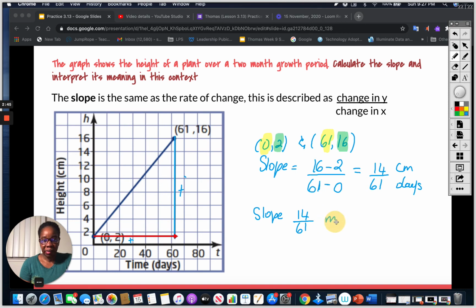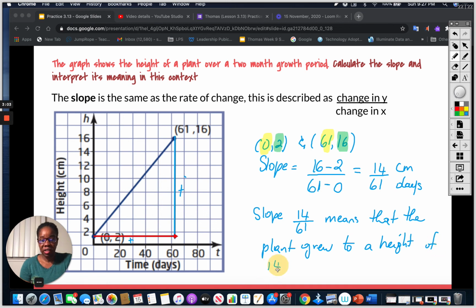And that means that the plant grew to a height of 14 centimeters over, spelled properly, Mrs. Thomas, over 61 days. That's the simplest form, so that's why we have it like that right now.